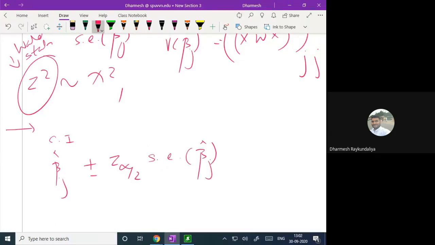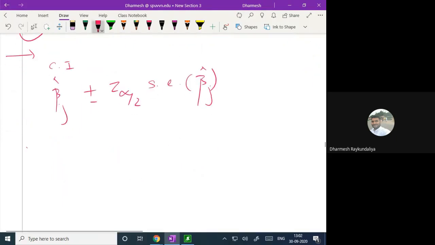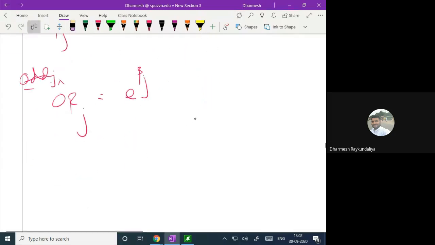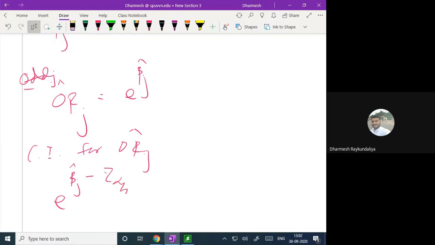If I am interested in finding the odds ratio, because I know the odds ratio for the jth regression coefficient is e raised to beta j, then the confidence interval for the odds ratio of j is e raised to beta j cap minus z alpha by 2 standard error of beta j cap, that is giving the lower bound.